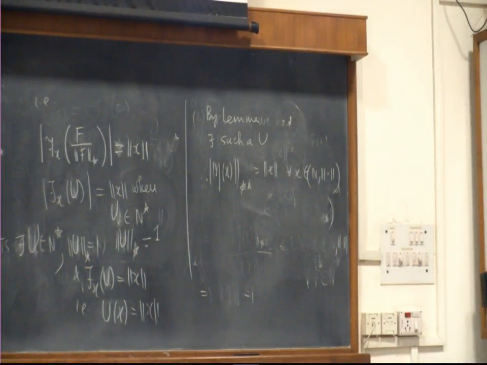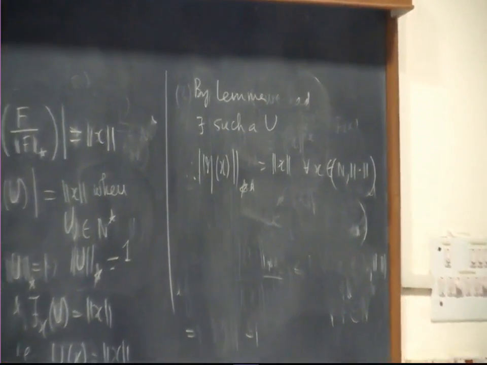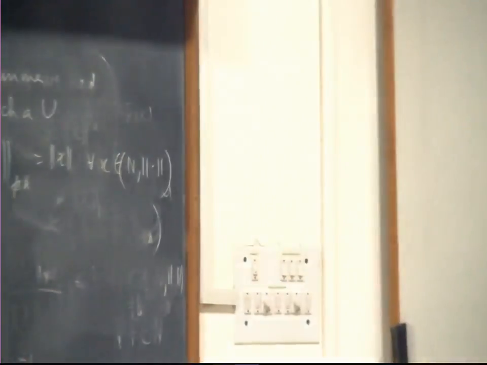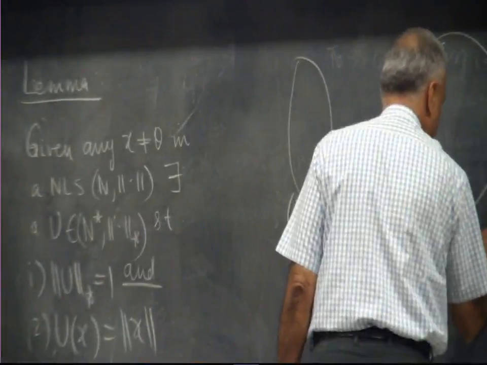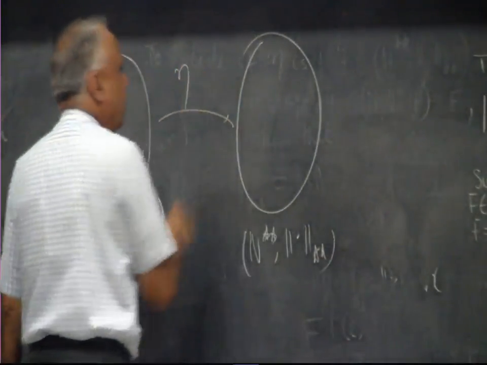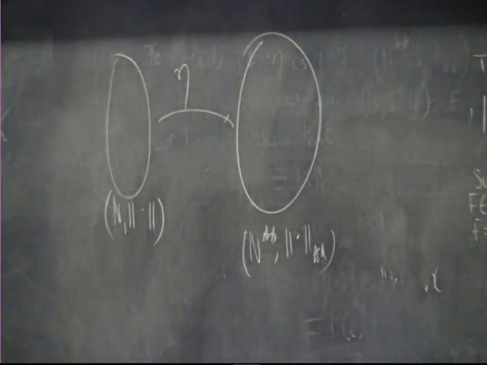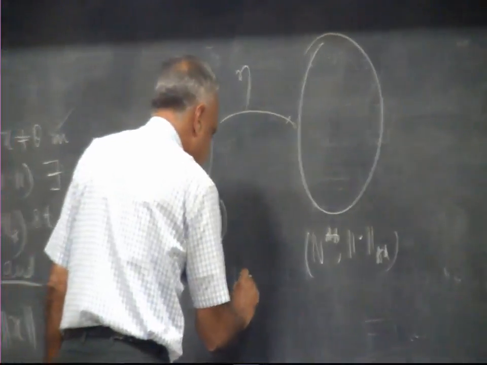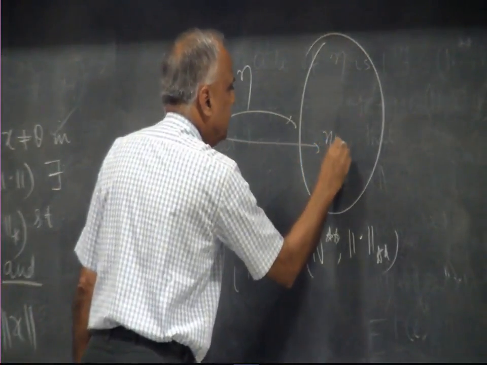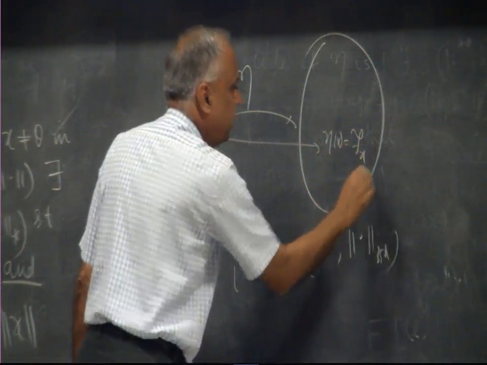What we have shown so far is that, modulo this lemma, we have this N and we have this N double star, and we have this map eta, and this eta is linear, which takes x to eta x, the shadow.